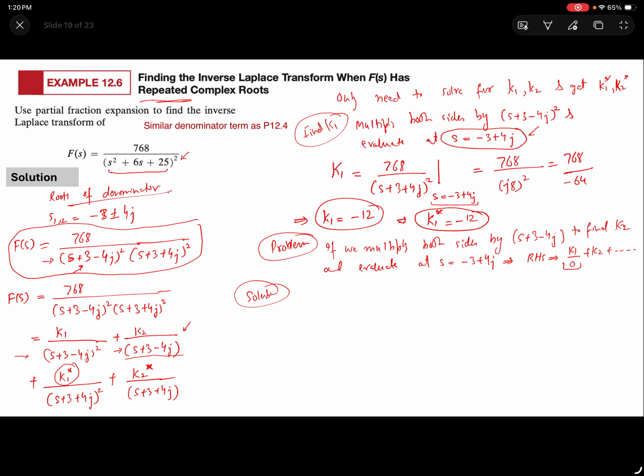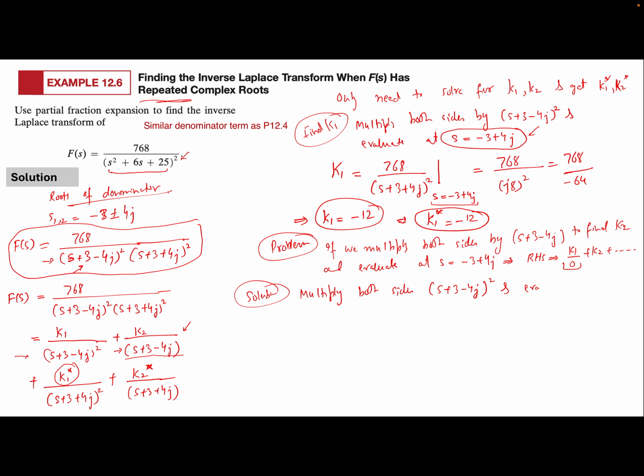So the first thing is that we will again multiply both sides by the same thing, s plus 3 minus 4j, that we did to find k1 square. And then we will evaluate at s equals minus 3 plus 4j. No, actually, before evaluating, we are going to do another interesting thing.